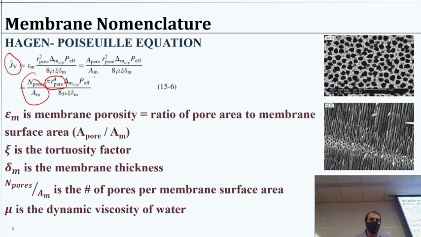We've got a pressure difference across the membrane as measured at the interface between the concentrate and the permeate. All of that divided by 8 times the viscosity times the tortuosity times the thickness down there. And so that gives us a definition of the flux given some pressure applied here.